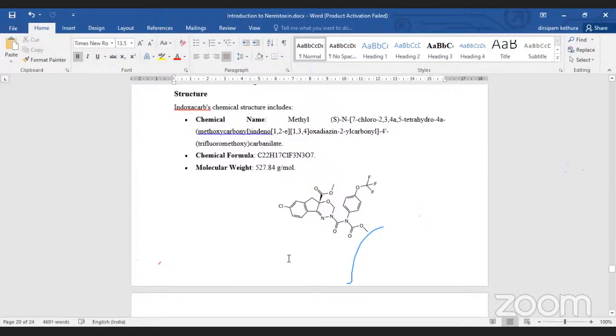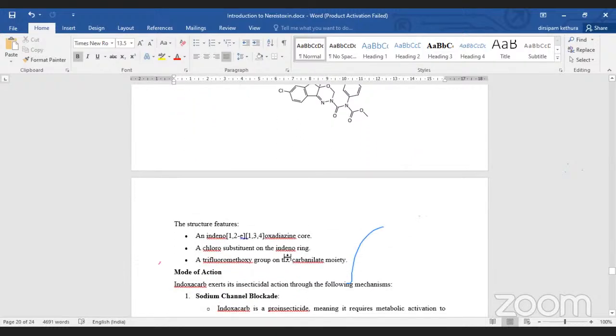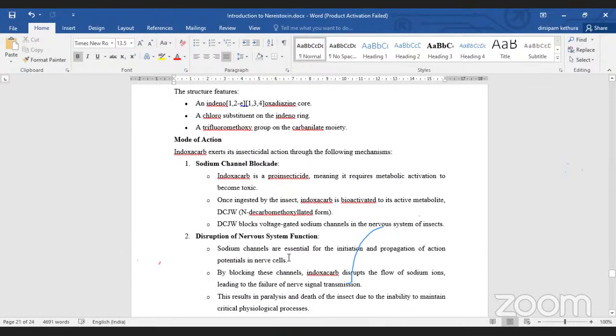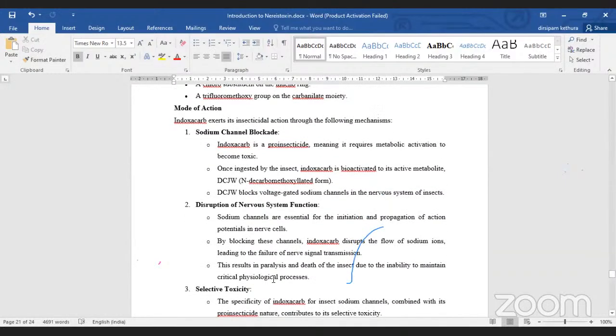It has carbon, hydrogen, fluorine, nitrogen, and oxygen atoms. And coming to the mode of action of indoxacarb, it exerts its insecticidal action through sodium channel blockade and disruption of the nervous system.